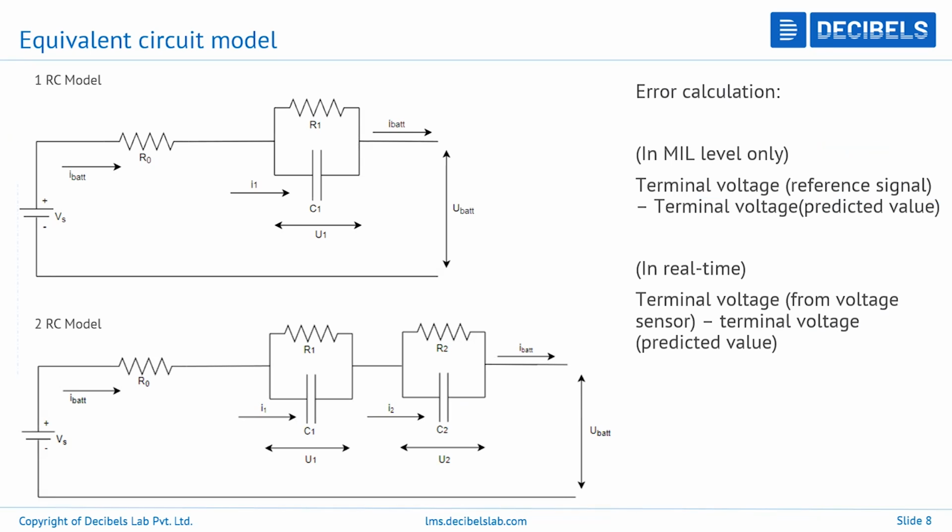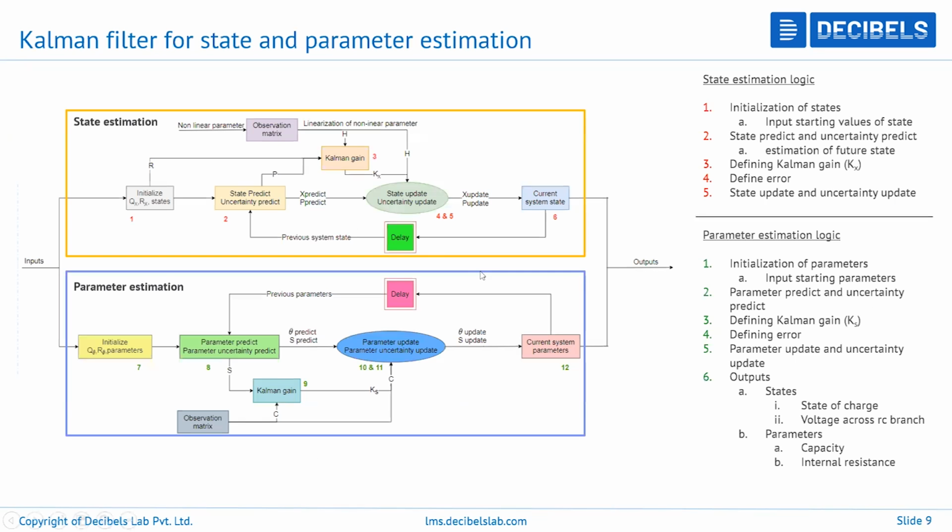Okay. So now we know some very fundamentals of Kalman filters, what they do in terms of state estimation, error calculation, state update, and things like that. Now we have an extension to our existing Kalman filter model, called the Kalman filter for state and parameter estimation. There are different names you can use for this.